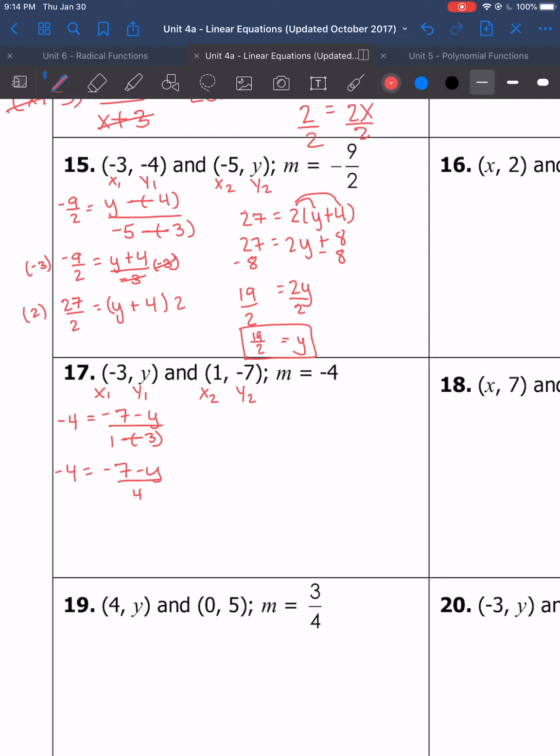So what I'm going to do is multiply both sides by 4. So I have negative 16 equals negative 7 minus y. So I'm going to add a 7 to both sides. So negative 16 plus 7 is a negative 9 equals negative y. And so y will be 9 when you divide by negative 1.